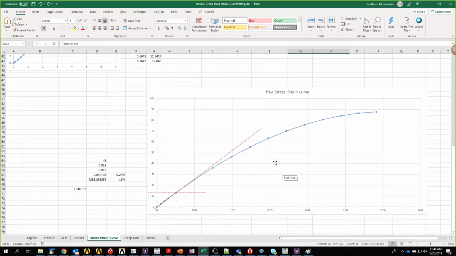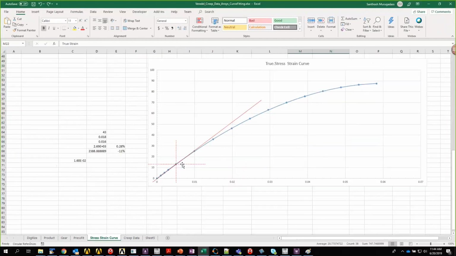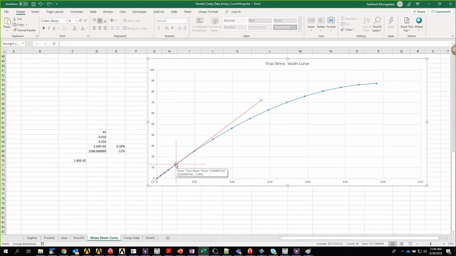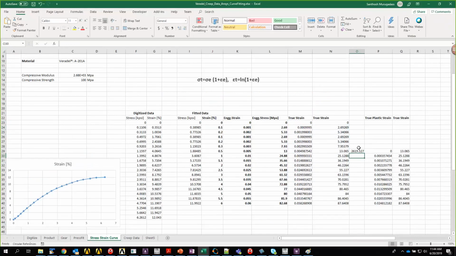The second task is to find the elastic modulus, or the Young's modulus, for this material, which we typically take up to the range where the stress strain curve is linear. When I draw a plot, approximately up to this point it is linear. The stress here is around 13.065. So the Young's modulus is stress by strain. This is my Young's modulus, approximately 2619.